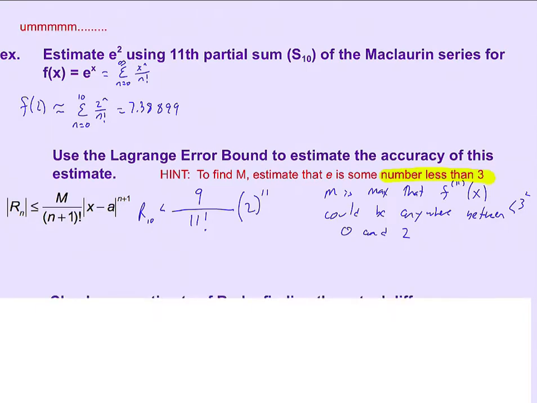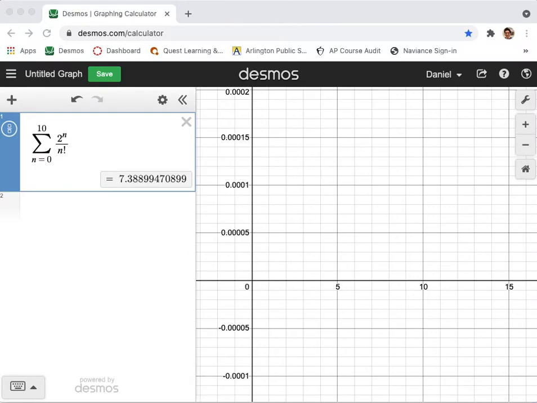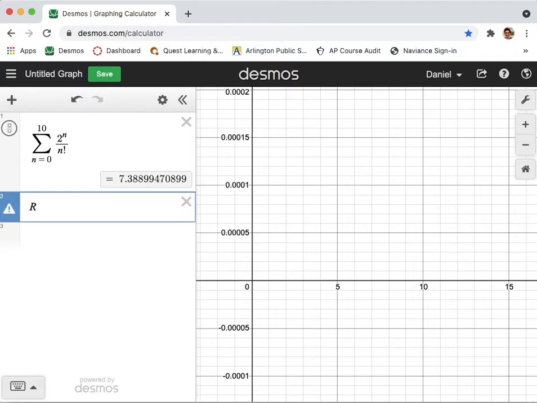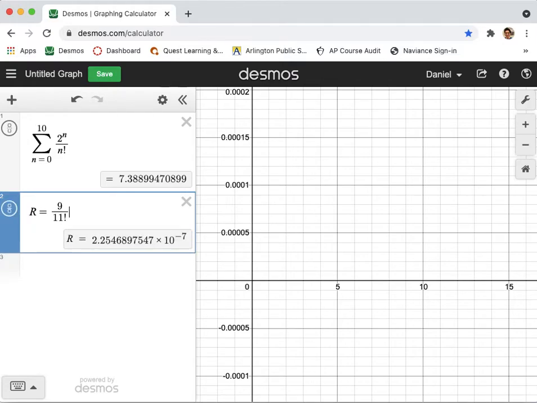And if I do the math here in Desmos, I'm going to call this R, it's really the error bound, is 9 divided by 11 factorial times 2 to the 11th. Now, I'm not doing this by hand, but this is all arithmetic we can do.